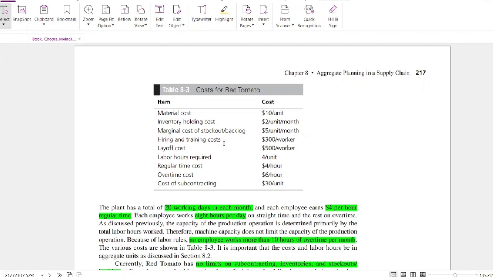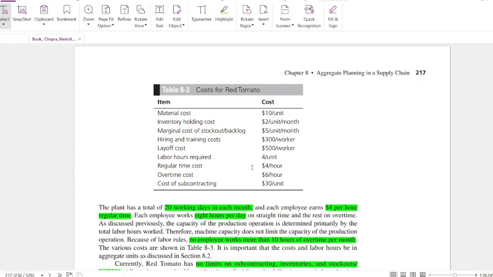If we hire someone new in the workforce, then we have to incur a cost of $300 per worker. Layoff cost: if I lay someone off, then I have to pay $500 per worker. Labor hour required is 4 hours per unit, so to manufacture one unit I need 4 hours.